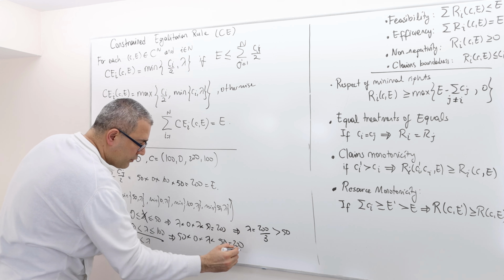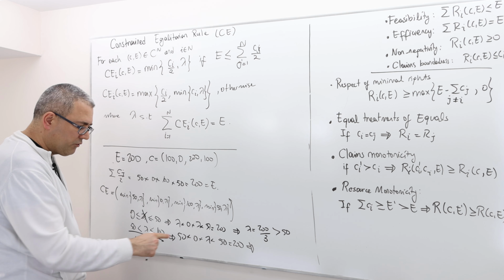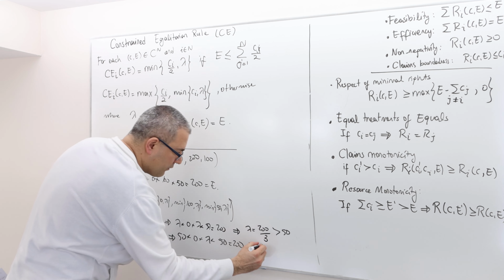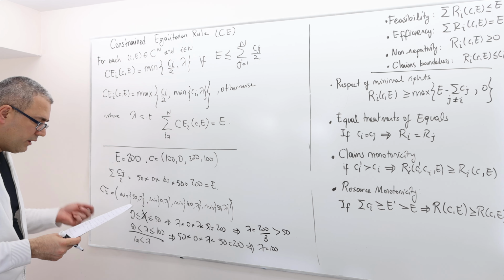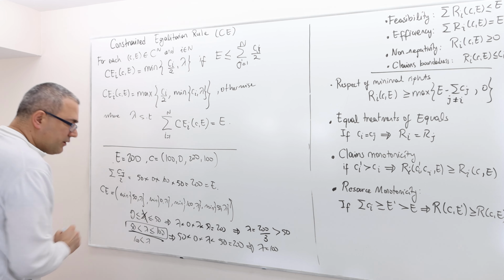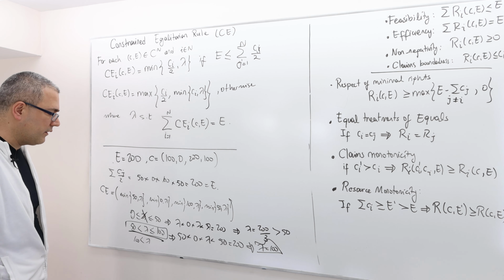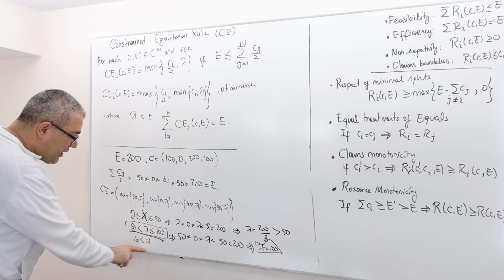Is this equal to 200 for what values of lambda? Well, 50 plus 50 is 100. If I send 100 to the other side, lambda is equal to 100. Lambda is definitely in this range, and so I just found the value of lambda which will satisfy this.